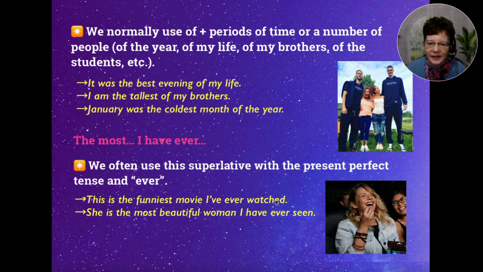So this kind of talks about a unique experience; you can't compare it to other experiences like that. All right, and then we have she is the most beautiful woman I have ever seen. So that means I haven't ever seen a woman this beautiful.